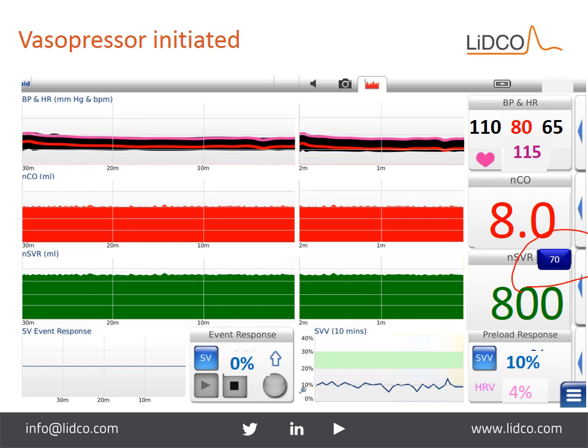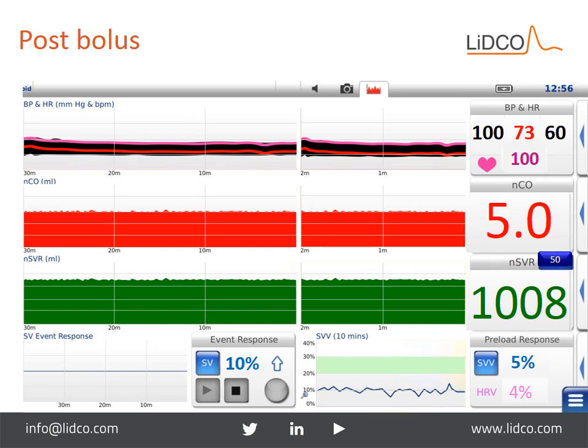And we're trying to convince him that maybe we should just let her be for a little while, but instead we give her a 500 cc bolus, not a liter. We gave her 500 cc's, and what happened was her cardiac output dumped. It went from 8 to 5 because we are now giving her fluid that is no longer increasing her forward flow, and it's probably going into her lungs.